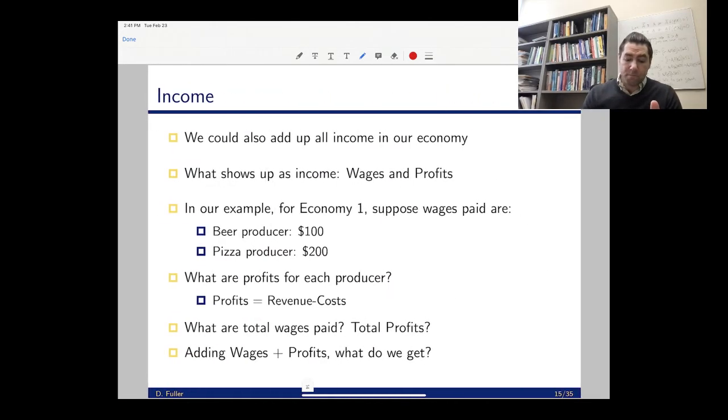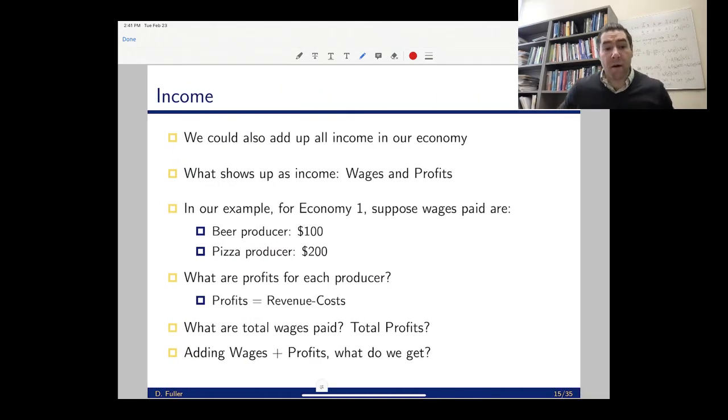Okay. Now what about income? Turns out that we could also add up all of the income in our economy and arrive at the same value of GDP as we would if we counted production or expenditures. So income, in the most general sense, I would add up as either wages or profits, right?